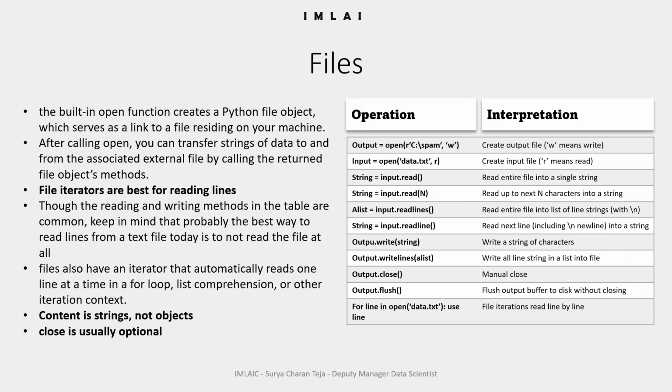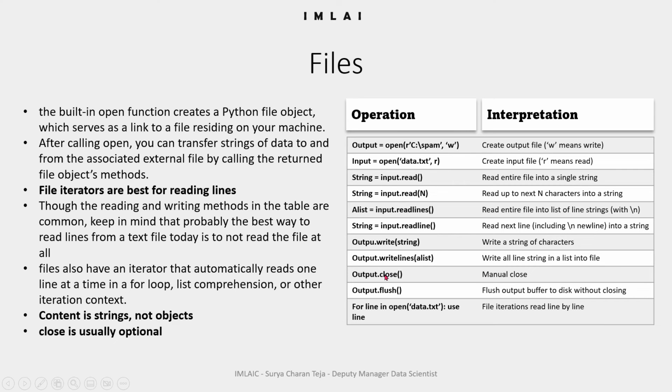If you want to write something to that file handle, you use the write method, and whatever string of characters you want to include in that file, you mention in the parentheses. The other method is writelines, where you mention a list and it writes all the line strings in the list into a file.